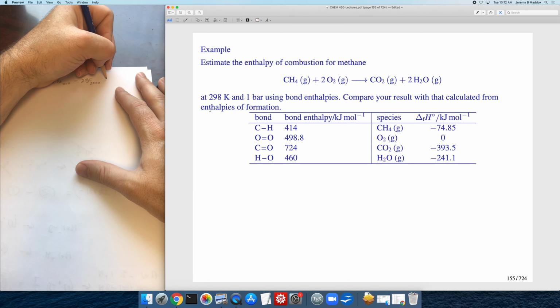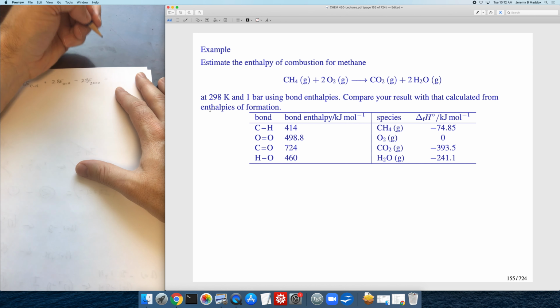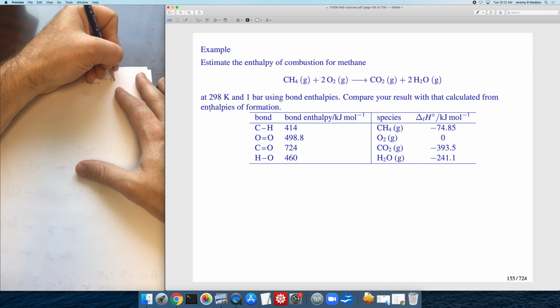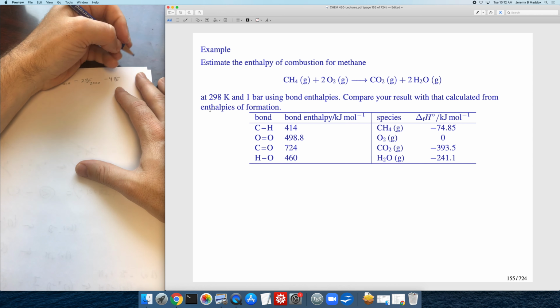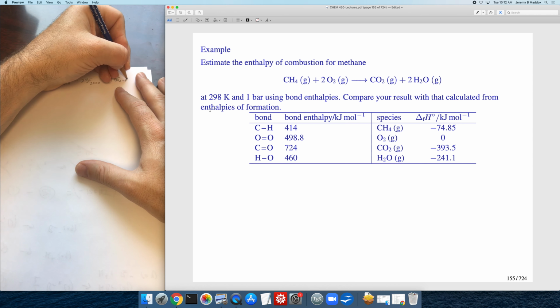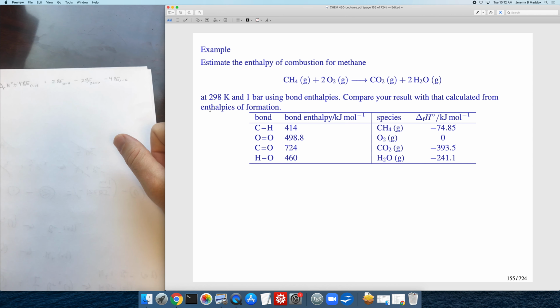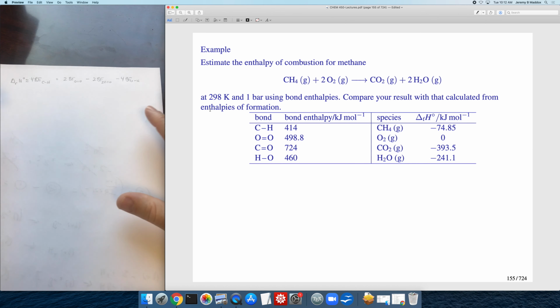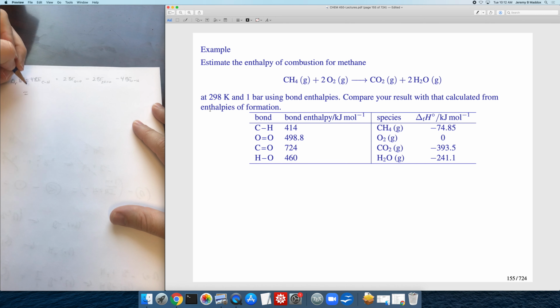And then water has 2 oxygen-hydrogen bonds, and then there's 2 of them, so you're going to be forming a total of 4 OH bonds. And so now you look to your table of average bond enthalpies, and you plug in the numbers.